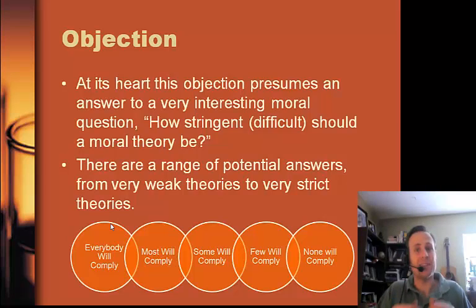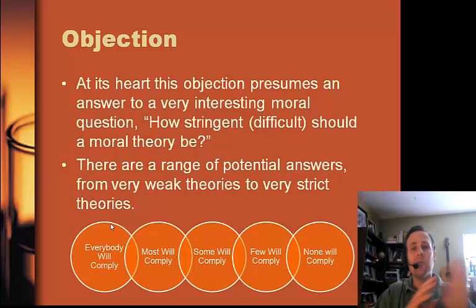It's difficult. It asks a lot. That is, that we see ourselves as no more important than anybody else. And that is asking a lot of you. And there's a range of types of answers to the question, how stringent can a good moral theory be? Some people think a moral theory is only a good moral theory if everybody will obey it.